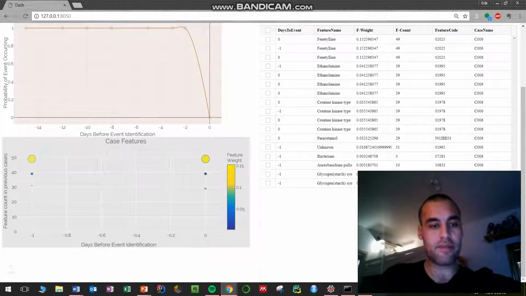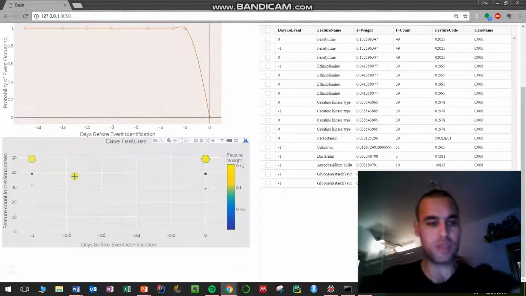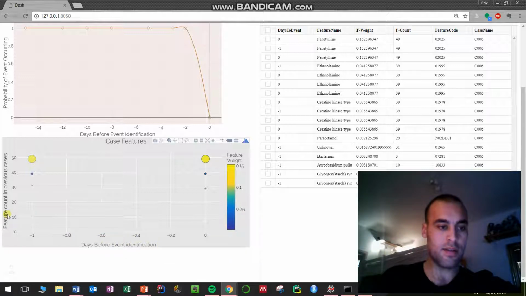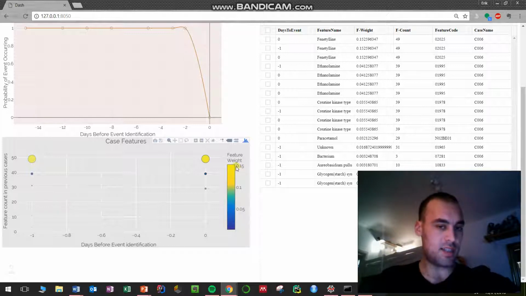Now the second graph shows me the features that were included for a specific patient. On the x-axis, we again have days before event identification, and on the y-axis, we have the feature count from previous occurrences. And the circle size, so each point refers to a feature, and the circle size of a feature refers to its weight as well as its color.